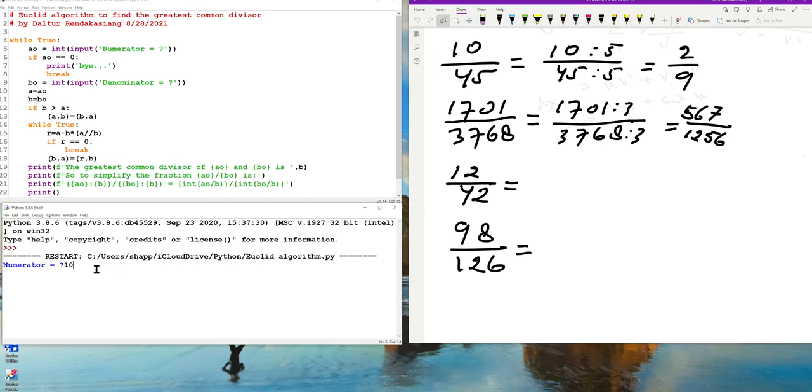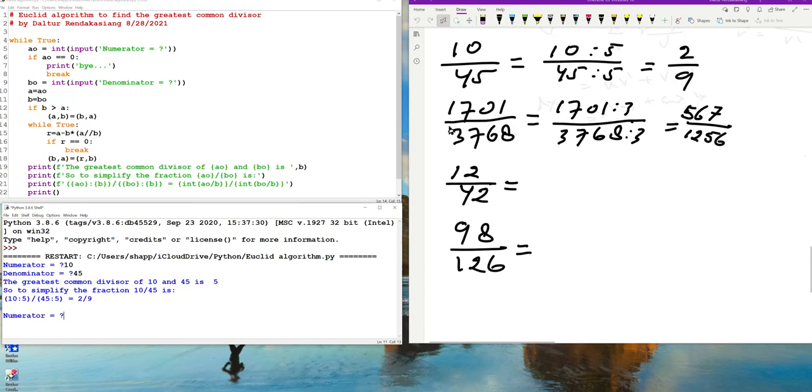This is the numerator 10, and then the denominator is 45, and we got the answer for simplifying the fraction by dividing 10 by 5 and 45 by 5, so the simplification of this fraction is 2 over 9.